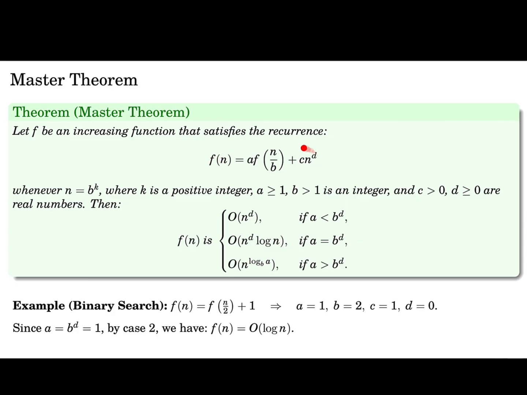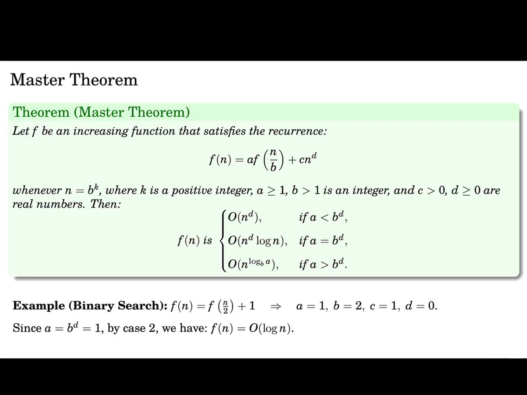Again, you can think of this as the cost of whatever you're analyzing. If you're able to break it into some constant number of smaller versions of it, plus other stuff that goes like n to the power of some d, then the master theorem tells you the asymptotics of this T of n.